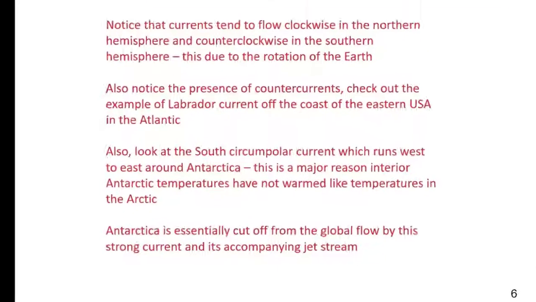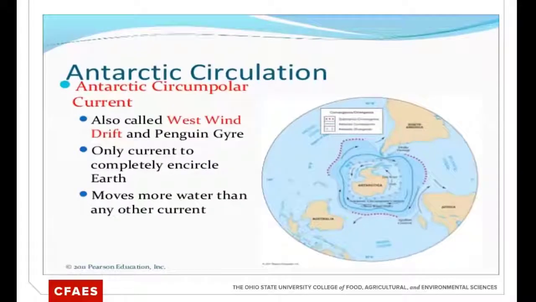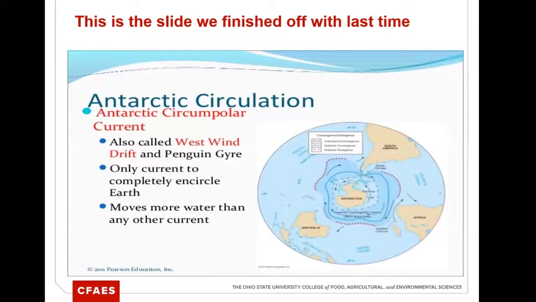If you look at the very bottom, Antarctica is essentially cut off from the global flow by this strong current and the accompanying jet stream. And that's the slide we finished off with last time that shows that.